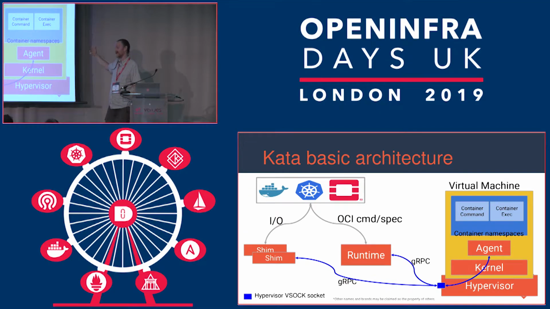Effectively, we are running the same container library, the same operations inside the VM as you would normally be running on the host. It's just wrapped in this extra virtual machine. So you get this hardware-backed security layer. And then the runtime talks over gRPC to the agent, and the shim does the communication for terminal and some of the logging. And then you have your deployment stacks over on the left.